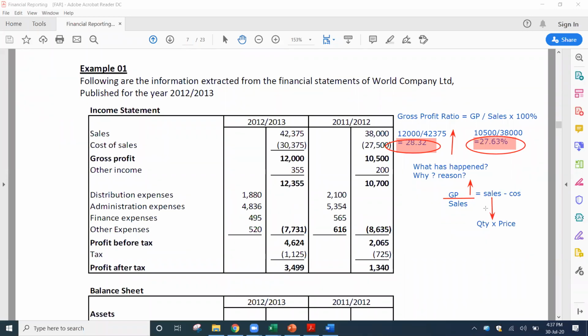How does the sales increase? Sales will increase if the quantity increases, or else the price should increase. Then only the sales value will increase. Okay.